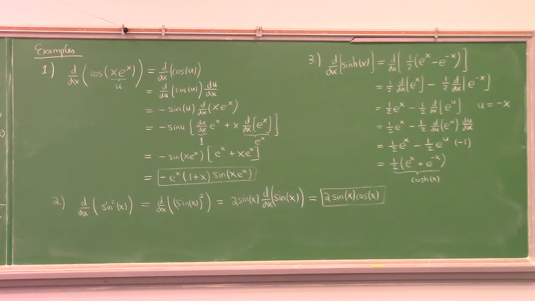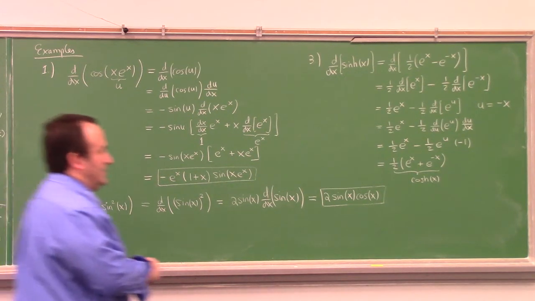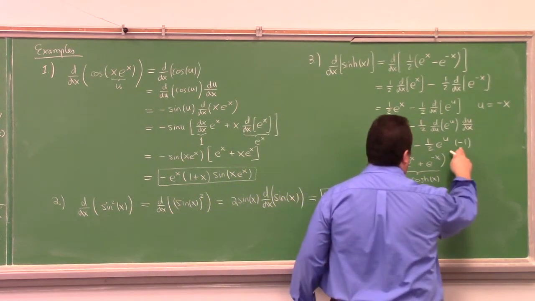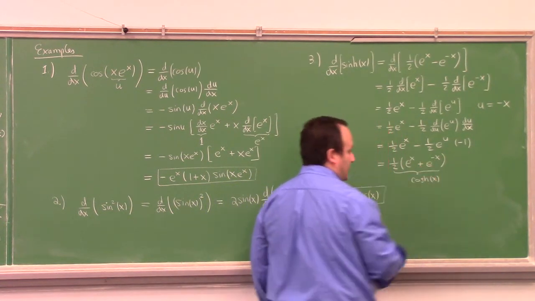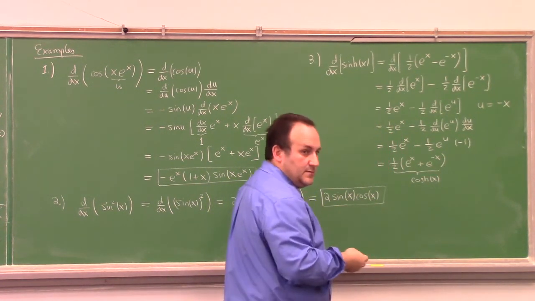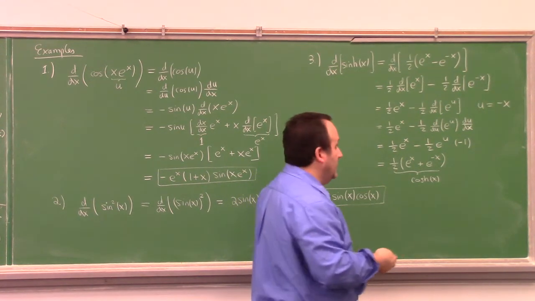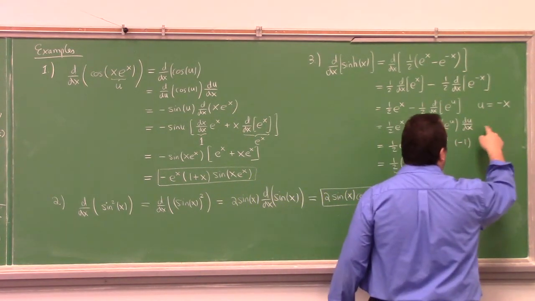There's two minuses, though. Minus times minus gives me plus, because of the minus 1, right? This minus 1 and that minus give me that plus, and I factor the half out. du/dx.